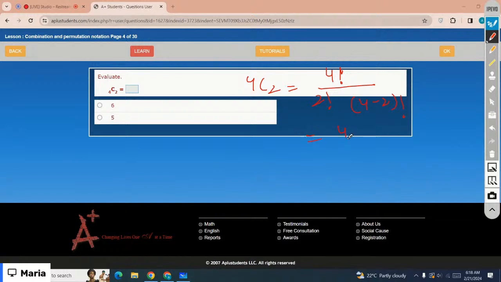So that is 4 times 3 times 2 factorial divided by 2 factorial and 2 times 1, right? 2 factorial cancel out. You are left with 4 times 3 is 12 and 2 times 1 is 2. So 12 divided by 2 is 6. The correct option is 6. So 4C2 equals 6. Got it?